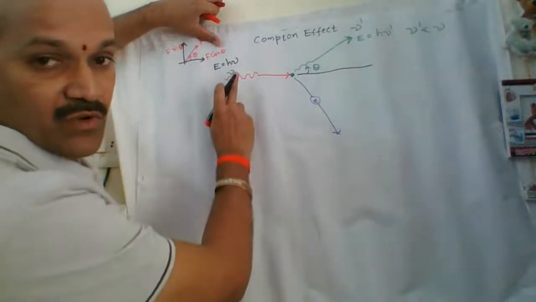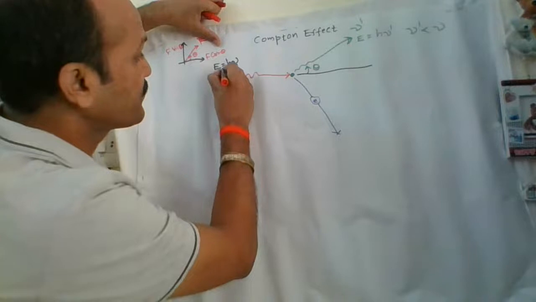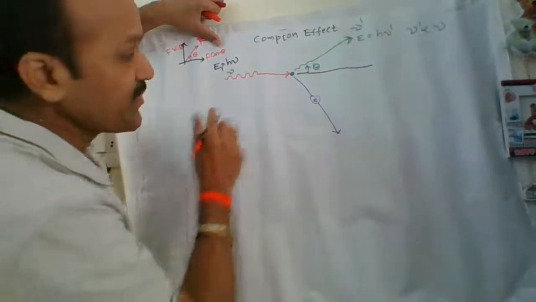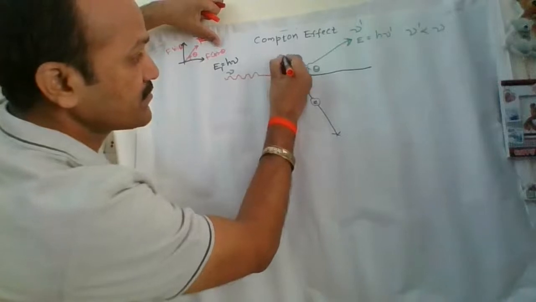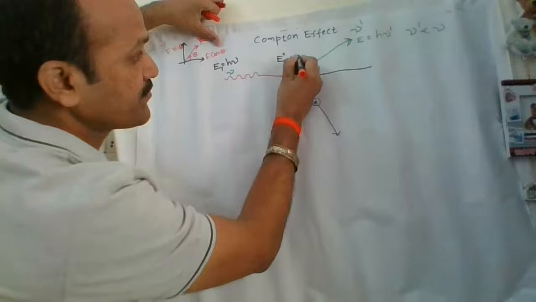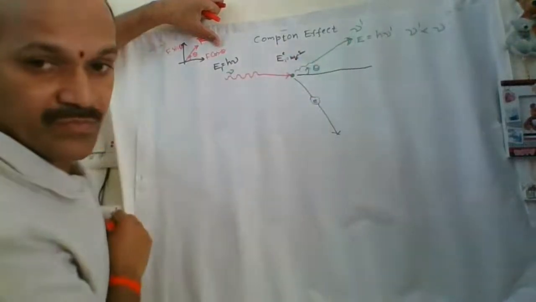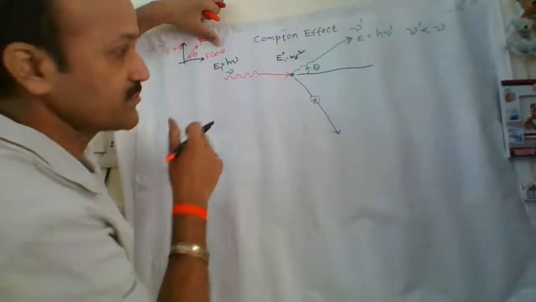Now, what is the initial energy of the photon? h nu. What is the initial energy of the electron? m naught c square, because it is the rest energy of the electron.